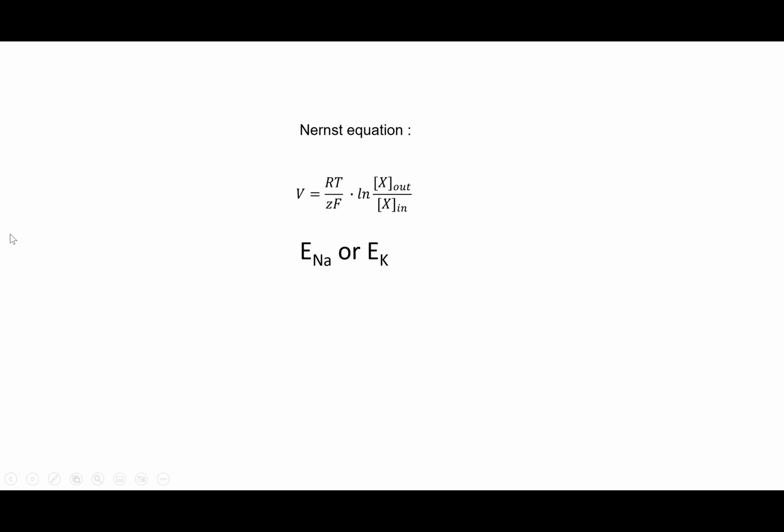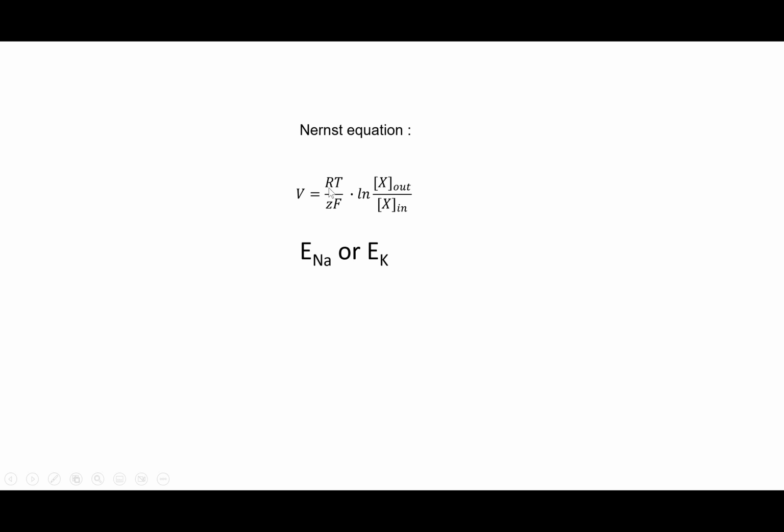Okay, this is all based on the Nernst equation, which gives the potential for ion differences across a cell. So if you have positive charges more on one side than the other side, what kind of electrical potential would result? This is the equation that determines that.